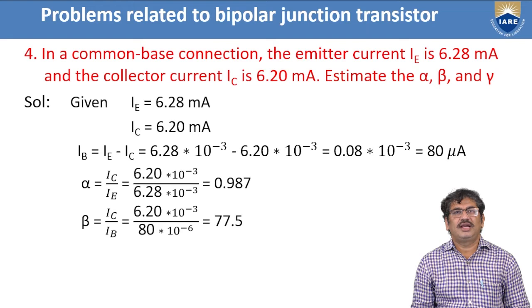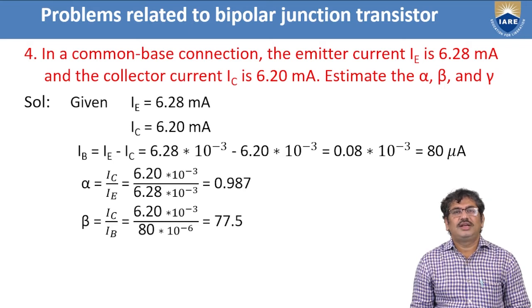Next, the second current gain for the transistor, beta, is defined as the ratio of collector current to base current, where the given collector current is 6.20 into 10 power minus 3 and the estimated base current is 80 microamperes, that is 80 into 10 power minus 6, which will give us beta equivalent to 77.5.